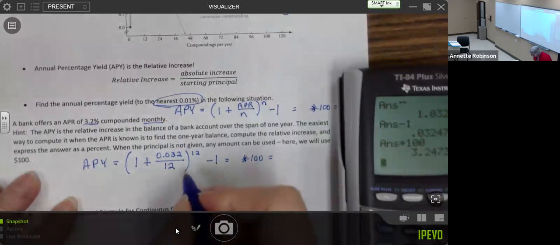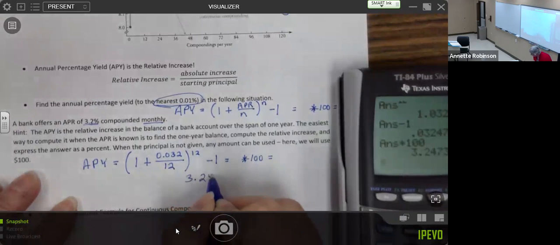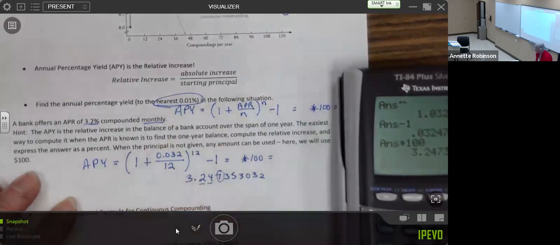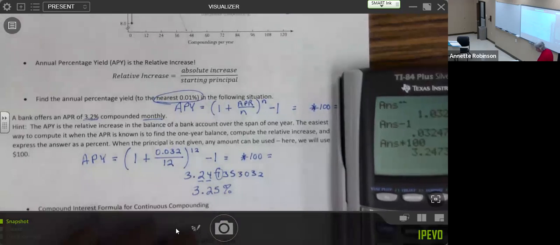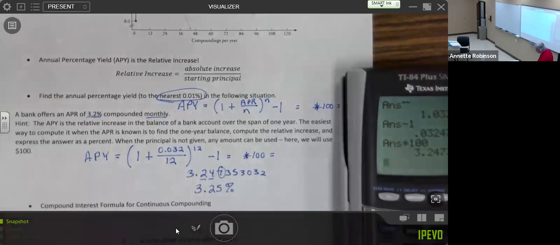My calculator is giving me 3.247353032. Remember, the instructions said to give us 2 digits behind the decimal. So even though the bank advertised 3% interest, you actually got 3.25% interest because of the rounding that occurred over each month.